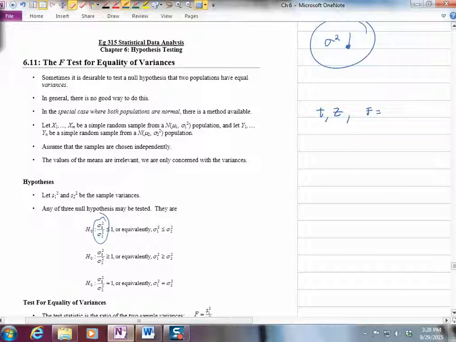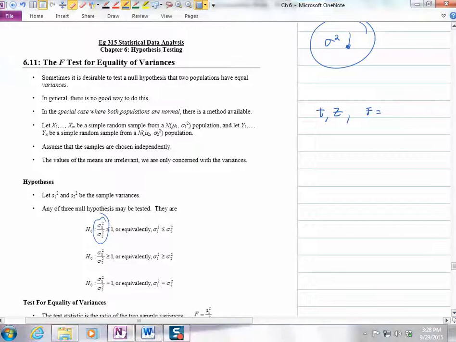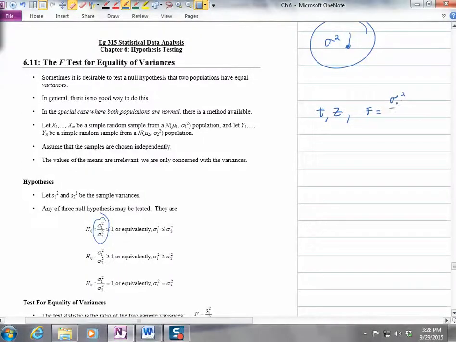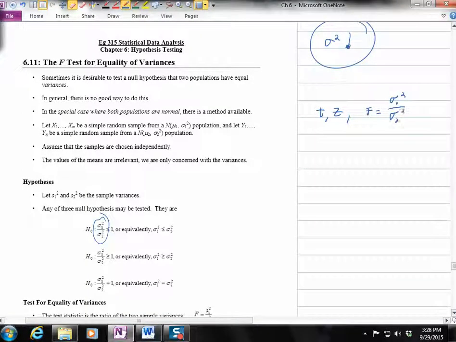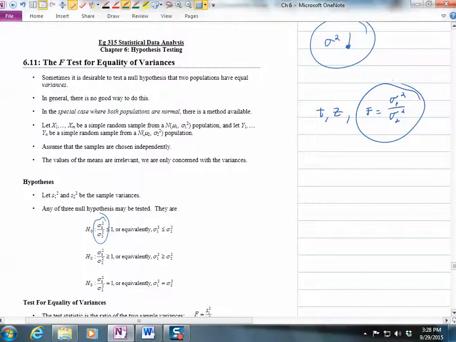There's a chi-square distribution that describes variances, and the F distribution describes ratios of variances. So it would be sigma 1 squared over sigma 2 squared. We're going to go to a new distribution called the F distribution to get areas under the curve for this sort of situation.